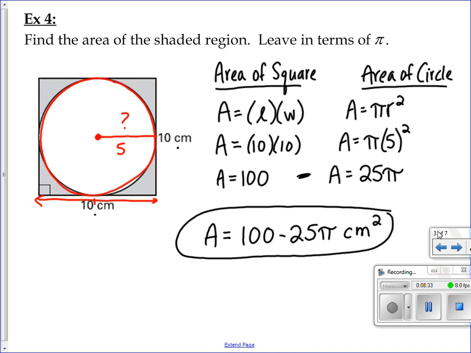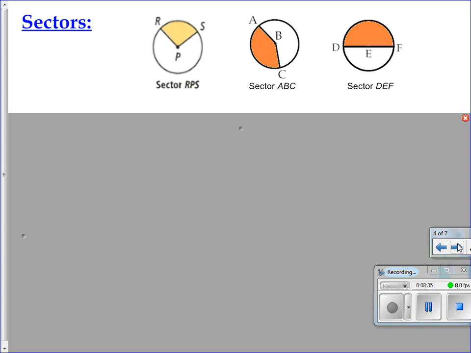All right. So now we're going to move on to sectors. So you might be thinking, okay, what is a sector? Here I have 3 different pictures of sectors. Sectors are really just slices. Think of them as like pizza slices or pie slices. They're just parts of the circle, and they're typically shaded so you know what slice you're looking at.